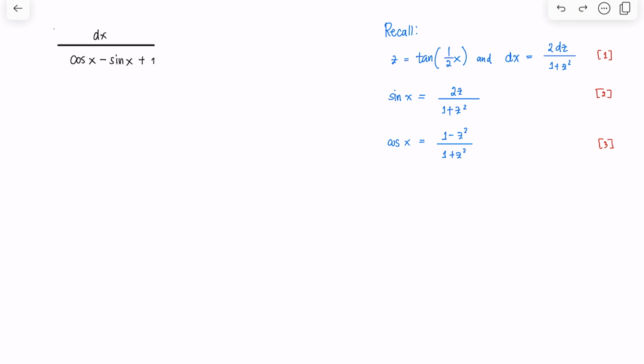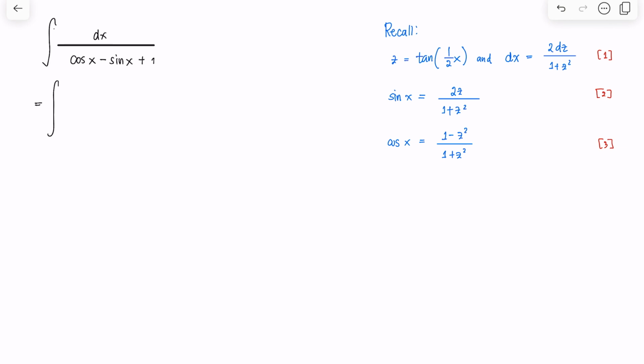So this is going to be the integral of dx over cosine of x minus sine of x plus 1. The first thing we do is substitute based on what we wrote. The integral remains.